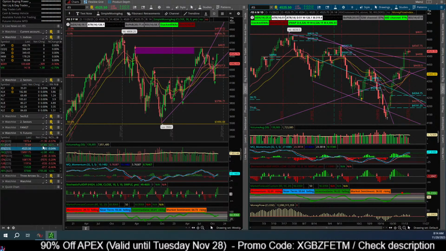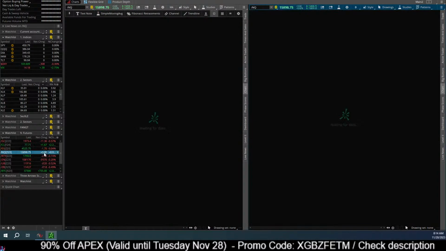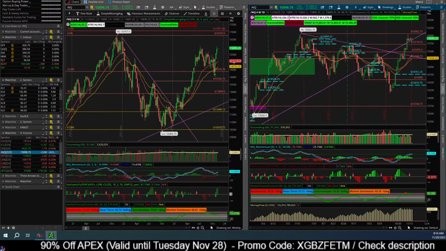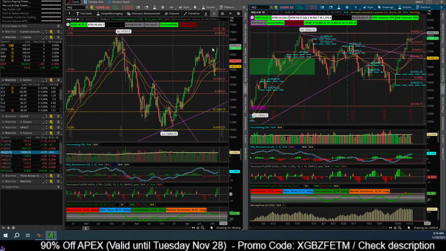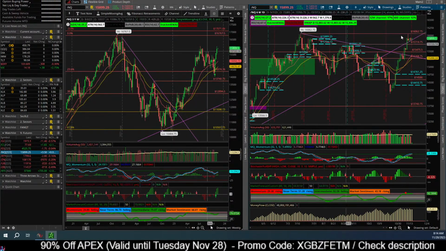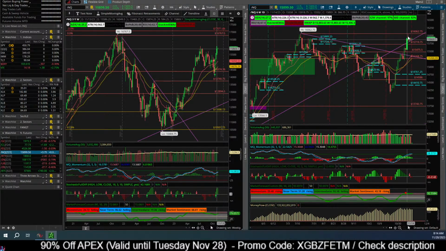Okay, nice move in crude, by the way, on the pre-market. NQ, kind of the same thing, holding this level. In this one, it touched this high up here in the back in the weekly, and then came back, and now it's barely retracing a little bit, but there's a topping tail at this supply zone.